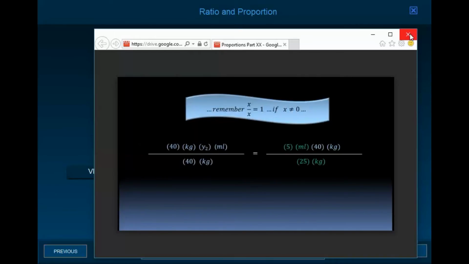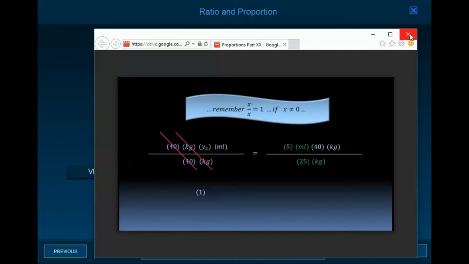Notice on the left-hand side, we have 40 over 40 and kilograms over kilogram units, just like x over x. And on the right-hand side of the equation, we have kilogram unit over kilogram unit. We can begin to simplify. 40 over 40 is 1.